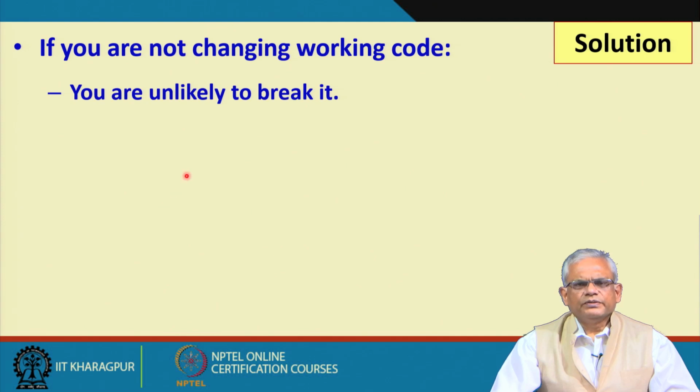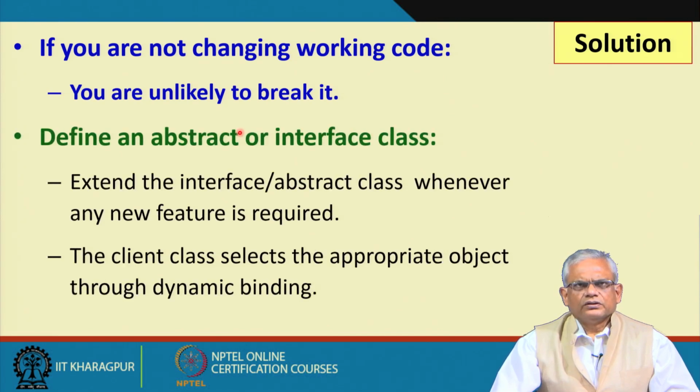The way we implement the open closed principle is that we do not change the existing code, so that no new bugs can be introduced in it. We achieve this, keeping something without change, by using an abstract or interface class.